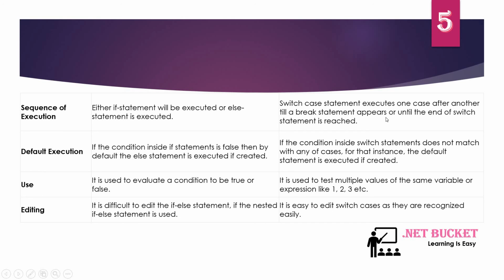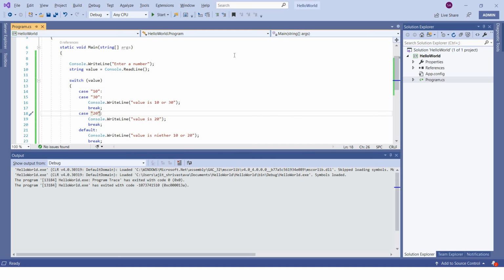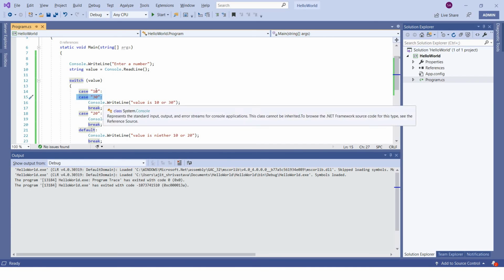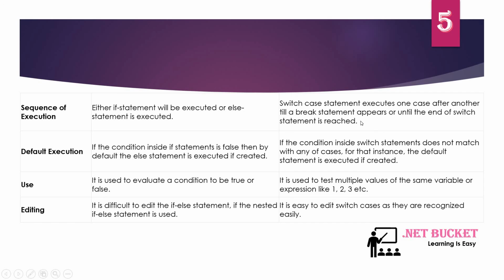So if you have multiple case statements for a single block, it will execute those one after another. For example, we have given like this, right? It will just evaluate one after another, until it reaches the break statement, right?